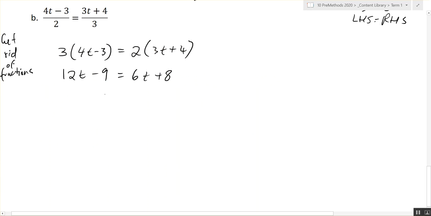So we're going to minus 6t from both sides, that gets rid of that. Left with 6t. We're going to add 9 to both sides, that gets rid of that. 8 plus 9 is? 17. Divide both sides by 6.